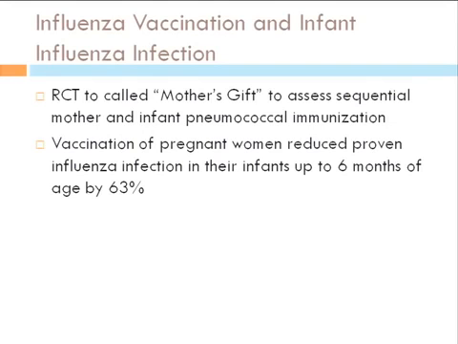All right, and what they also found was that if you vaccinate pregnant women, there was a proven efficacy in their infants up to age 6 months. So you vaccinate the women, and the efficacy against influenza infection in infants up to 6 months of age was 63%.